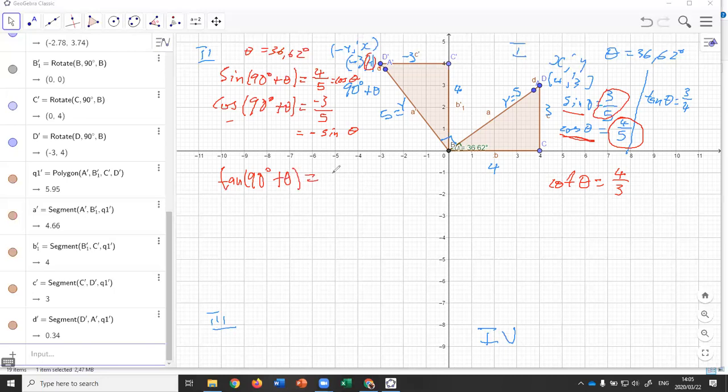We know tan will be y, in other words opposite, over x, which is adjacent. Oh, guess what? This is just -4/3. But 4/3 is cot, so this is just minus cot theta. And that is just the long and the short of my story, folks. This is how we figure out the reductions for 90 plus theta.